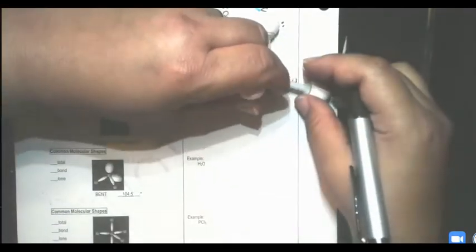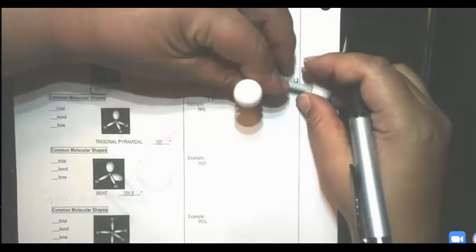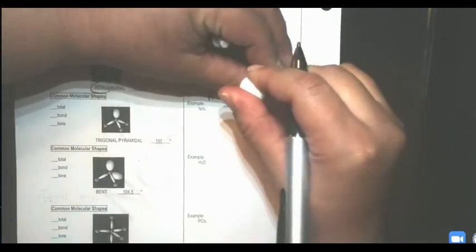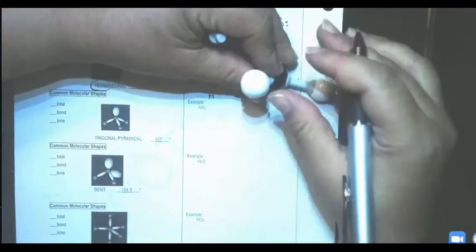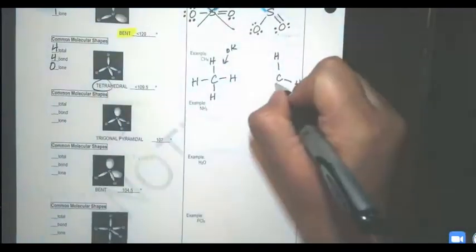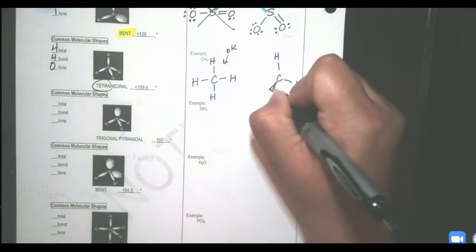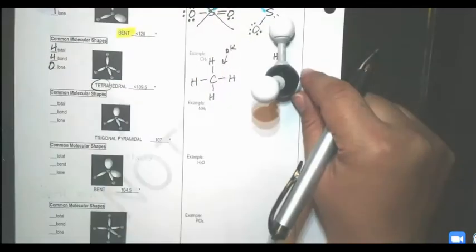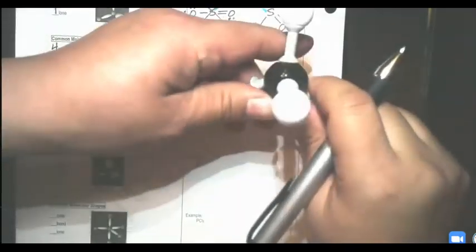Now, how do I draw the one coming out of the page? That would be this one coming out of the page. To do that, I make a filled-in wedge.